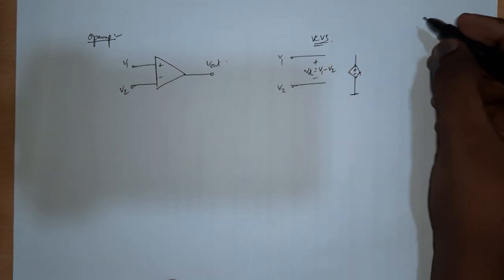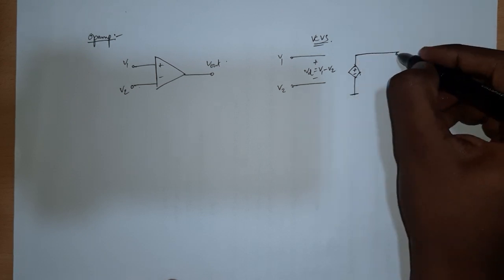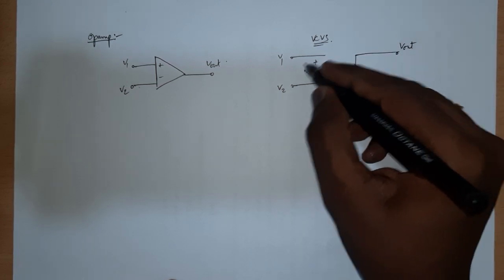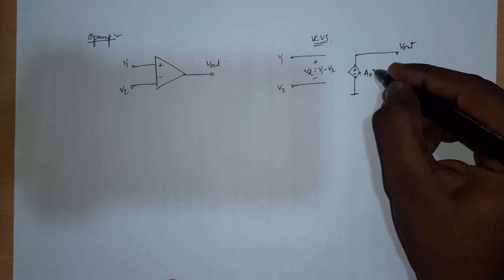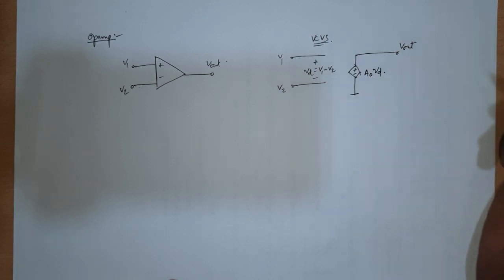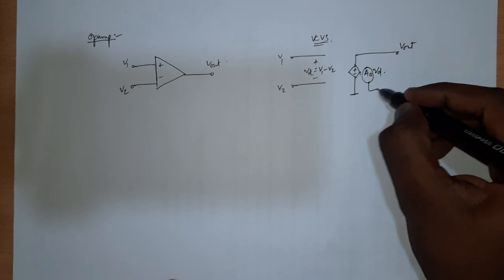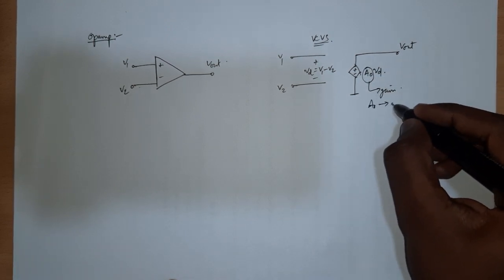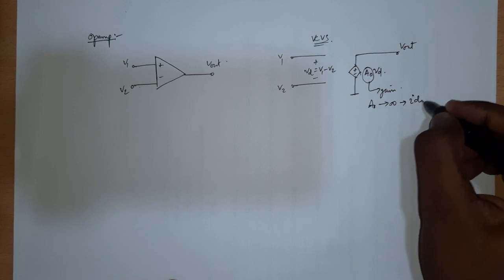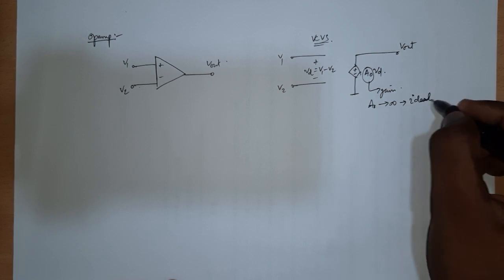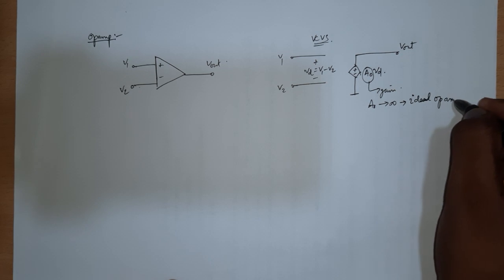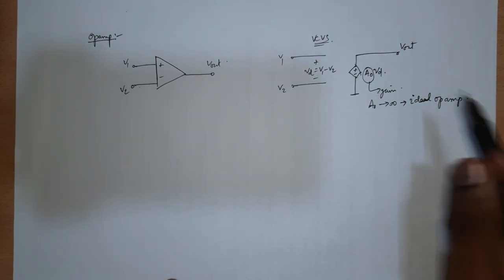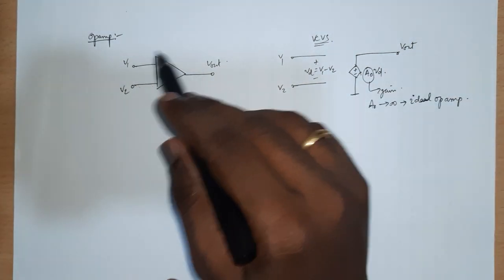Op-amp is itself a voltage control voltage source, and this is V out, and this is the voltage source controlled by this difference voltage Vd, and it will be A0 times Vd. And A0 is the gain, and A0 tending to infinity we call an ideal op-amp. We have seen this, right?